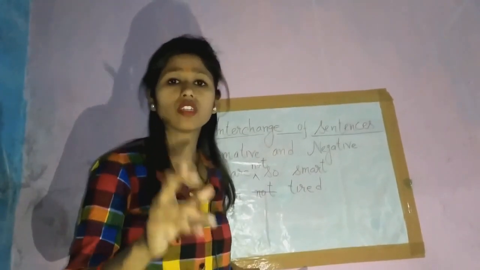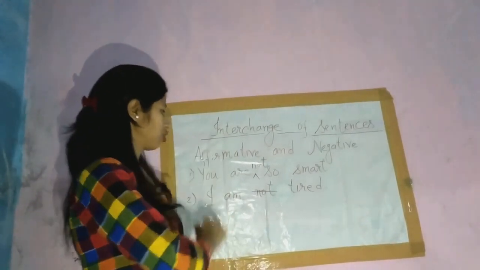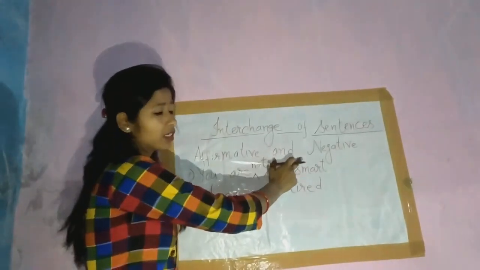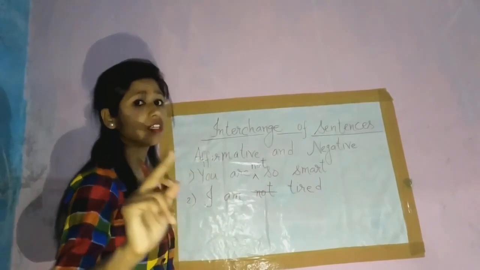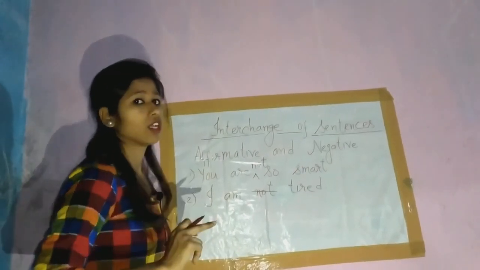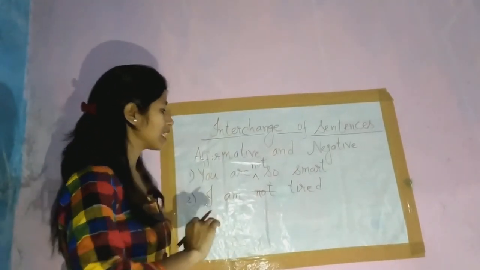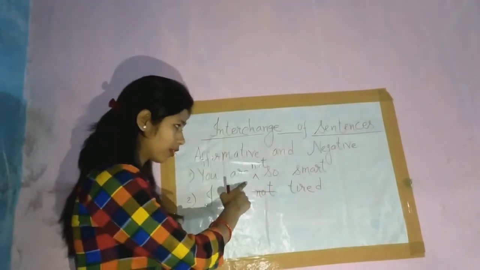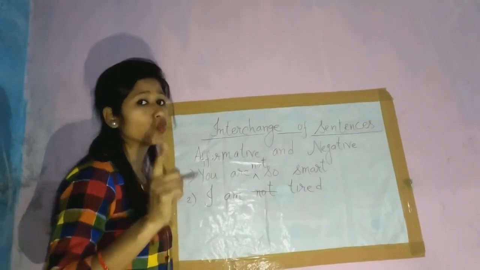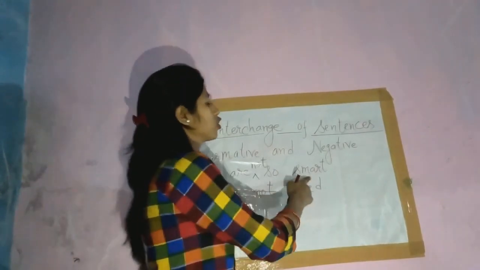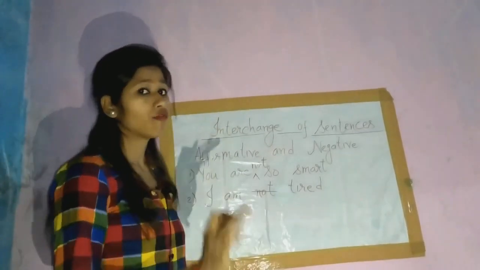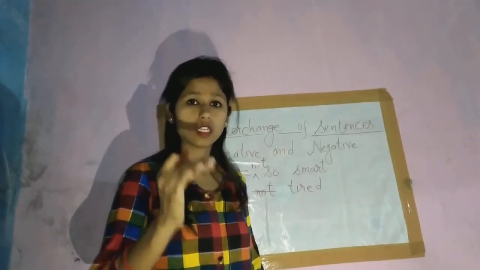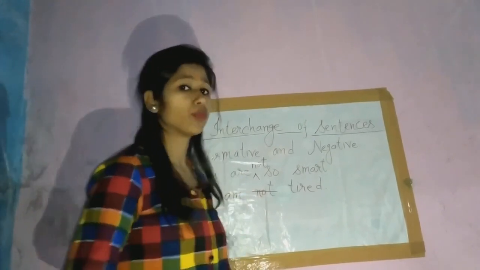But if the question is to change the affirmative sentence to negative sentence without changing its meaning, then you have to remember that I cannot directly use not in it. We will use not and find out what is the opposite for smart. For every adjective, we have to find out its antonym. Then only the meaning will be similar.